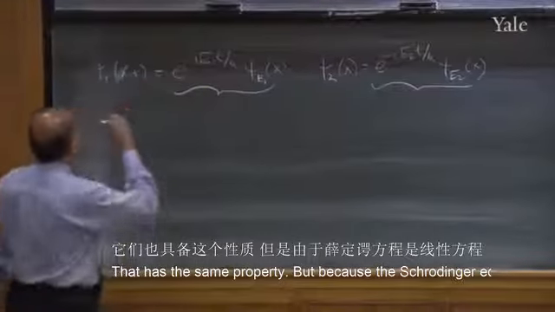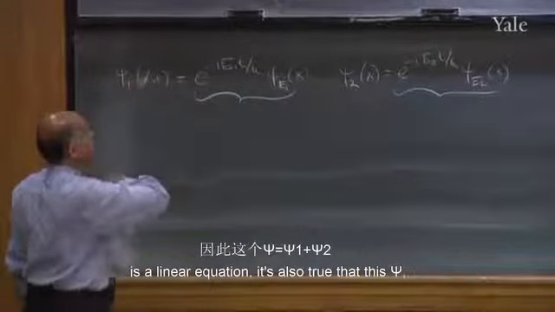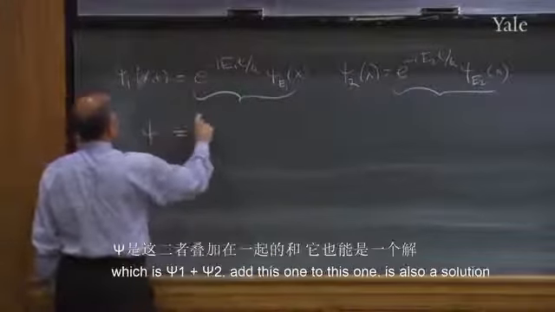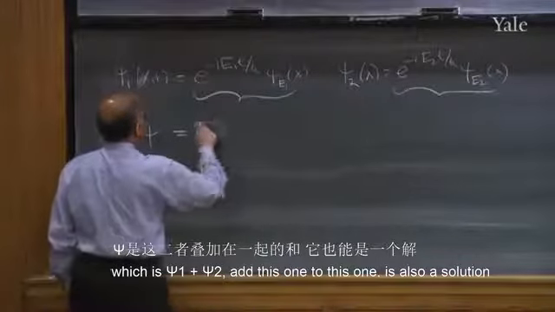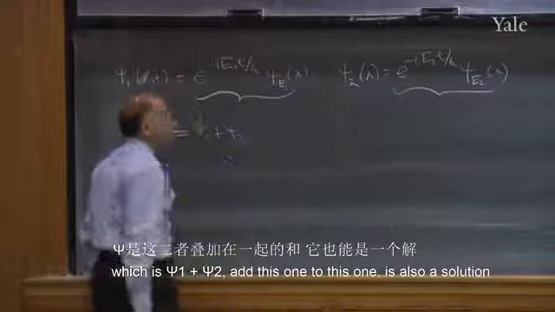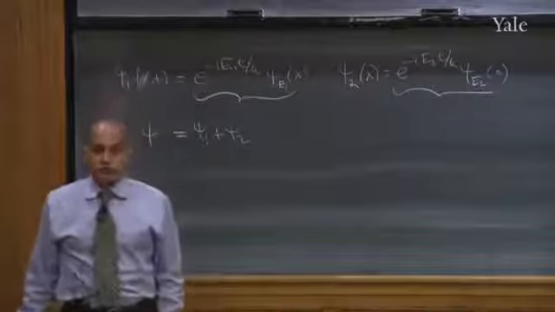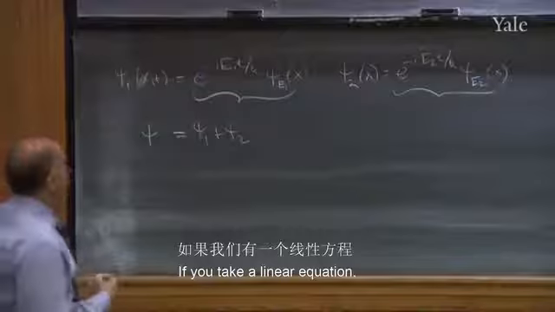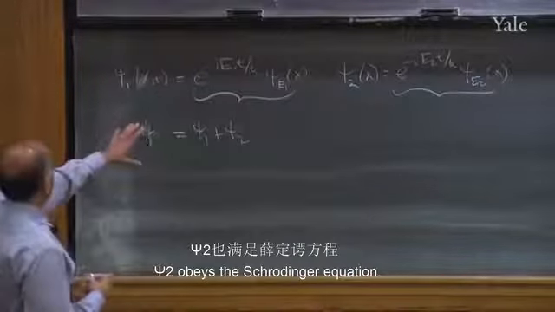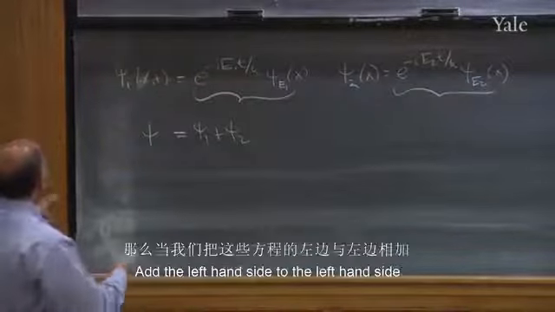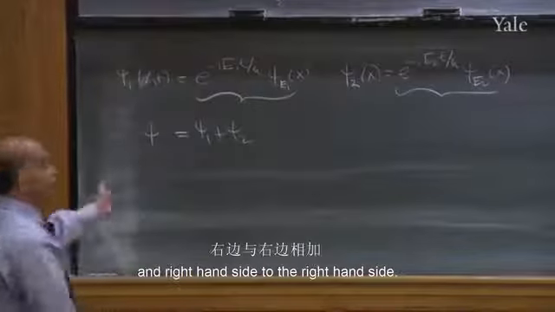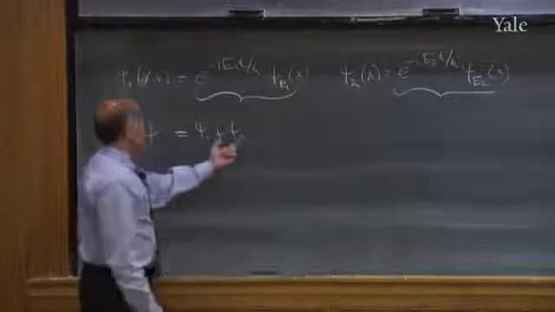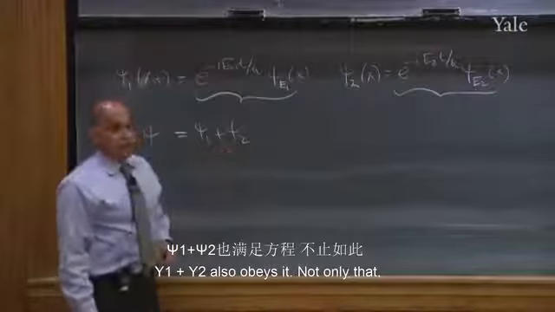But because the Schrodinger equation is a linear equation, it is also true that this psi, which is psi 1 plus psi 2, add this one to this one, is also a solution. I think I've done it many, many times. If you take a linear equation, psi 1 obeys the Schrodinger equation, psi 2 obeys the Schrodinger equation, add the left-hand side to the left-hand side and right-hand side to the right-hand side, you will find that if psi 1 obeys it and psi 2 does, psi 1 plus psi 2 also obeys it.